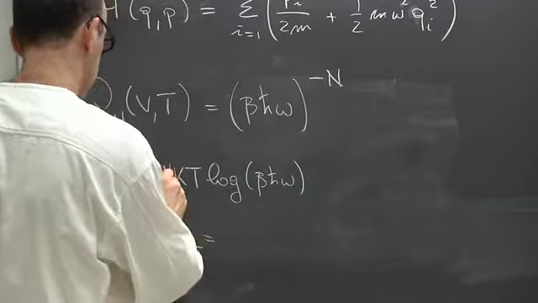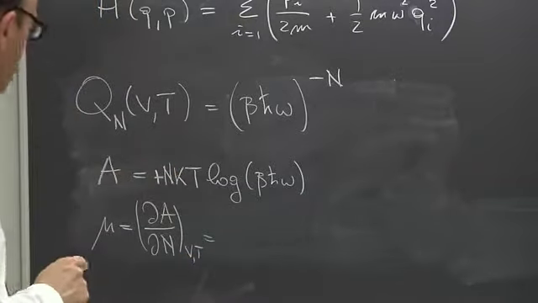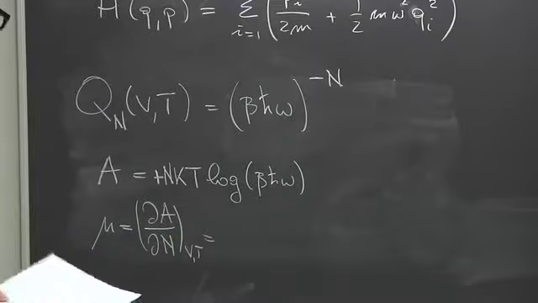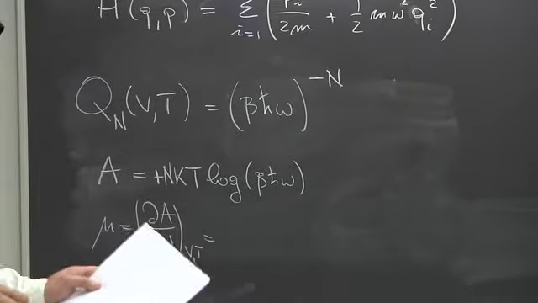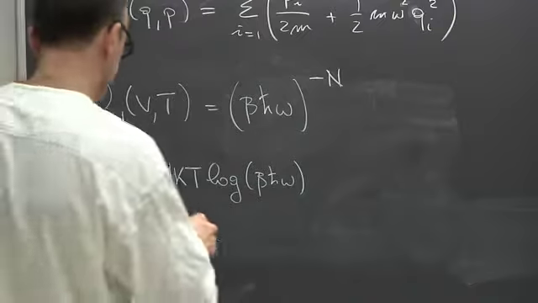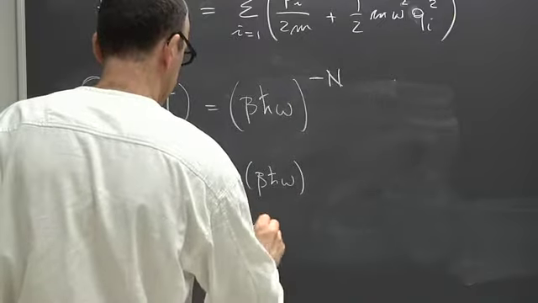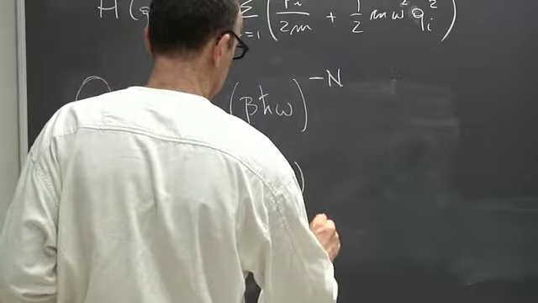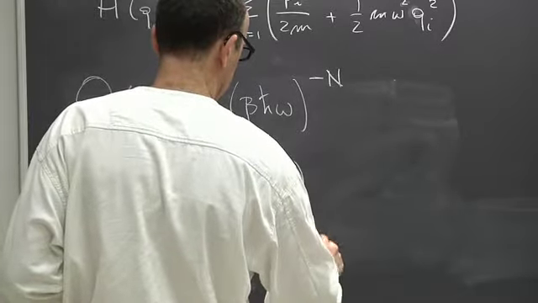This is a plus, yes, thanks. There is the minus n, and then there is a minus. Indeed, I was getting a negative chemical potential. So this is kT times the log of h bar omega over kT.